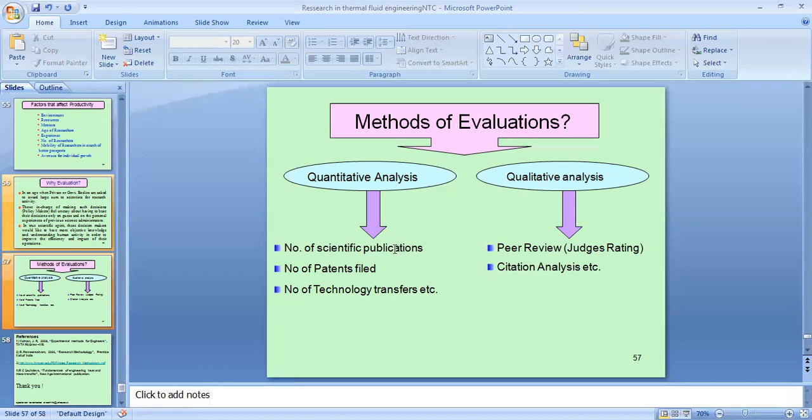We have already seen the ways to see performance and productivity, like scientific papers, patents, technology transfer, and if you want to go into detail, we may go for quantitative analysis. Further, if you want to go for qualitative analysis, then we also have to see the rank, whether it is a good quality, medium quality, or low quality research paper.